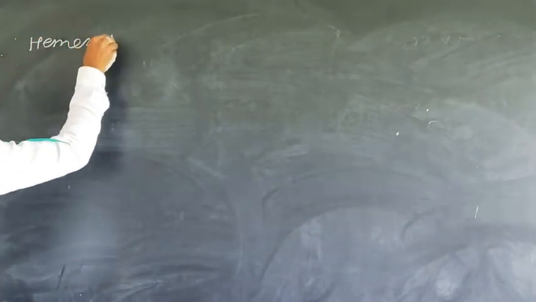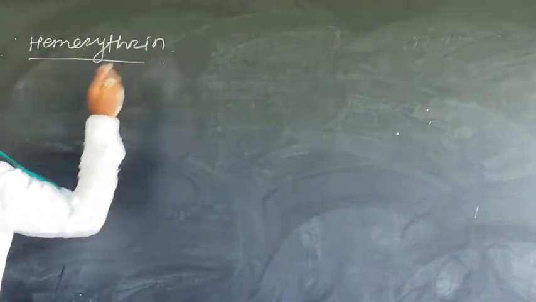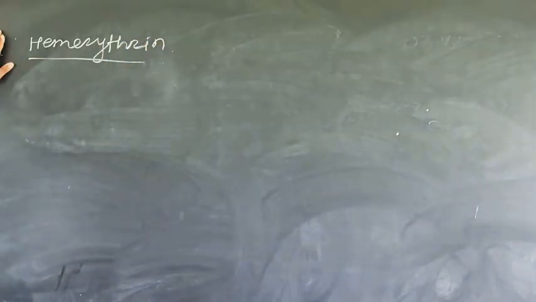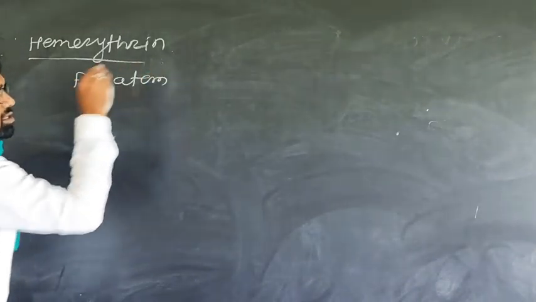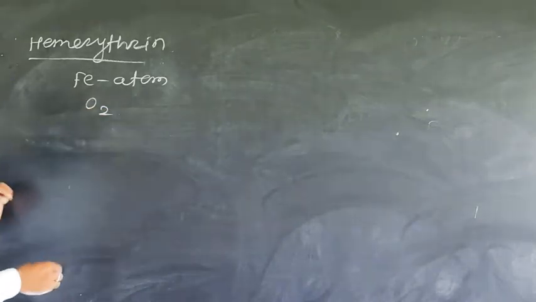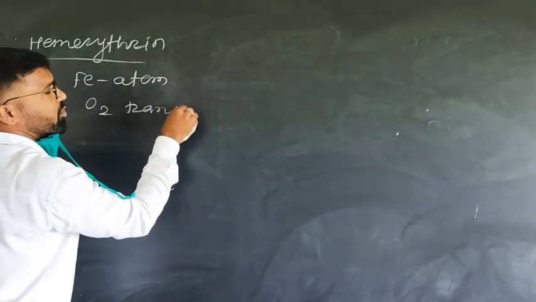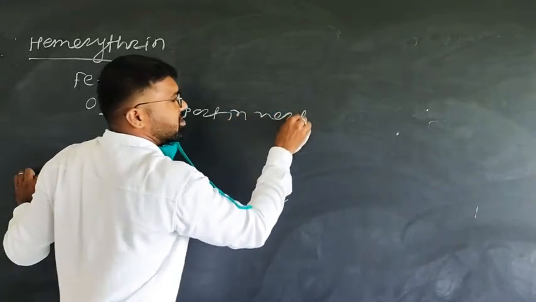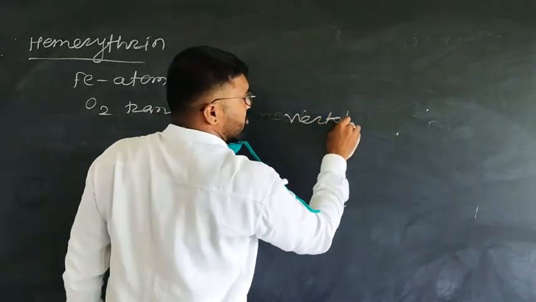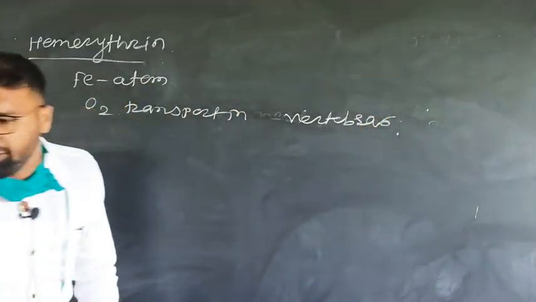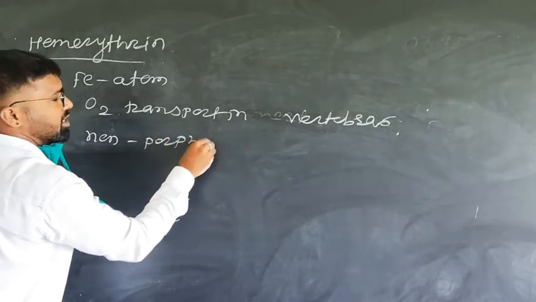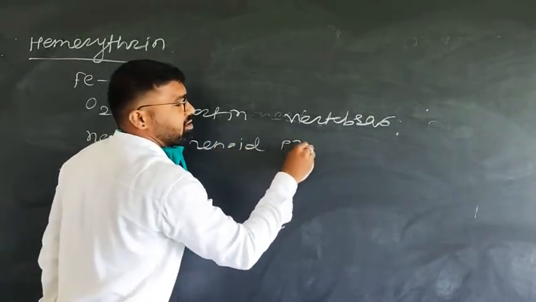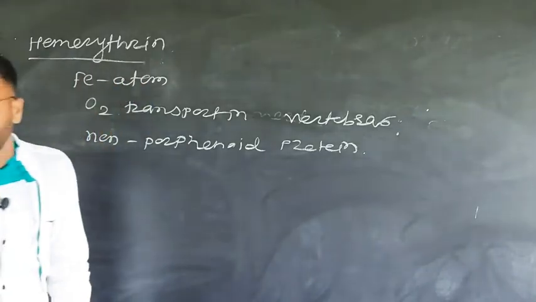So what is hemerythrin? Hemerythrin is a non-heme protein which contains ferrous atoms. It works as an oxygen transporter in vertebrates. It is a non-porphinoid protein because it does not contain a porphyrin ring.